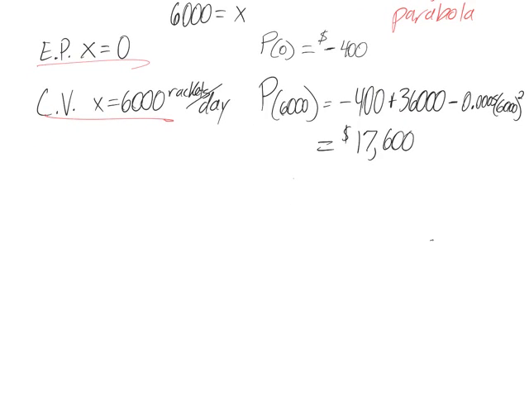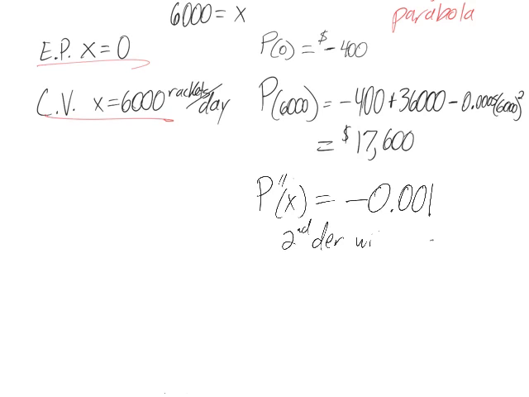But you can also check the second derivative. If we do that, the second derivative test will give you just a constant, negative 0.001. You can go back and look at the first derivative and confirm that that is in fact the second derivative. The second derivative will always be negative.